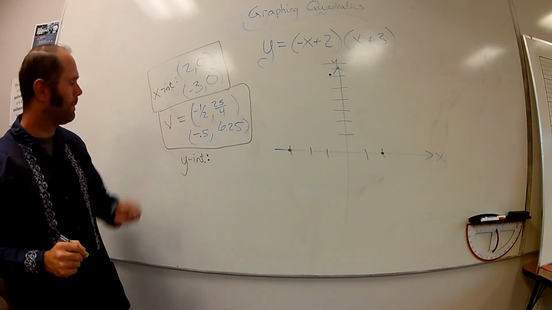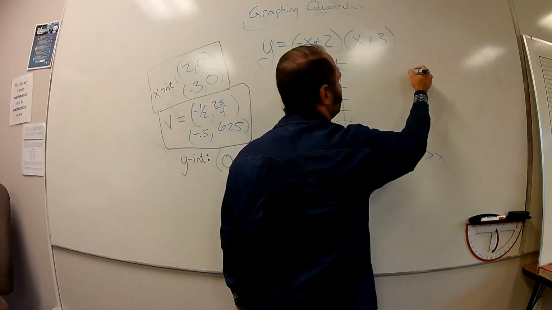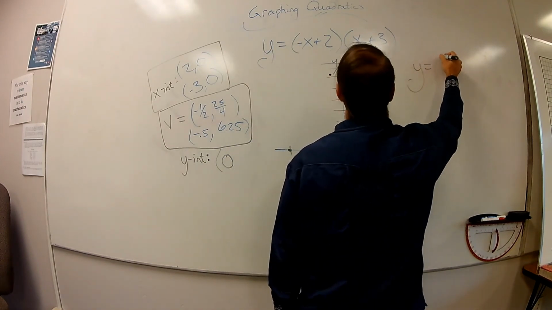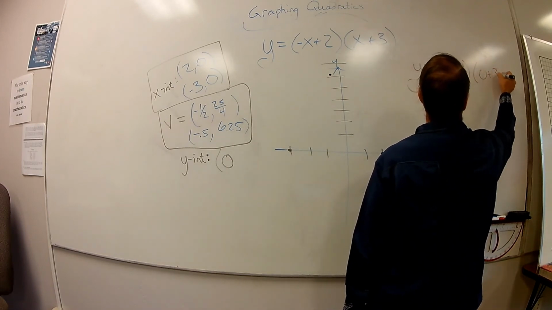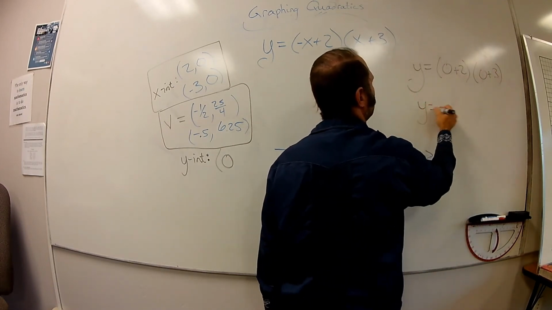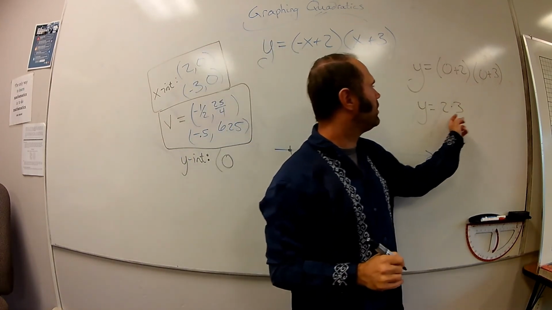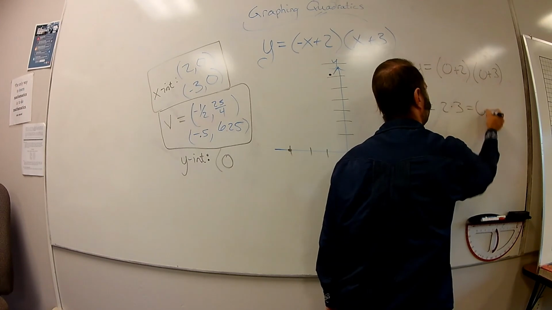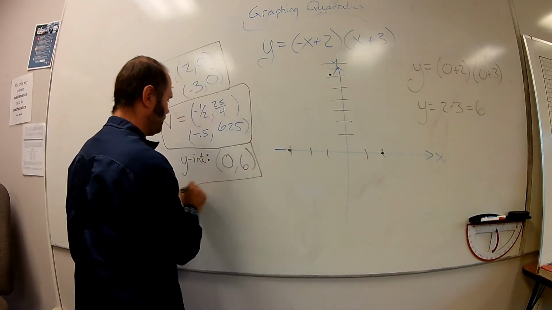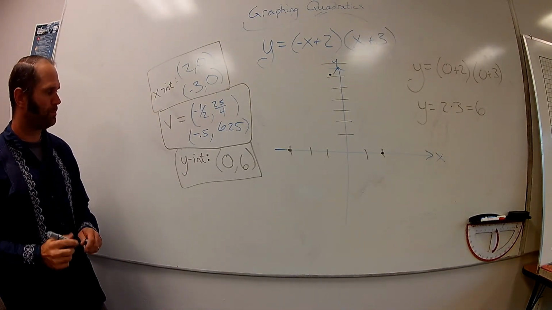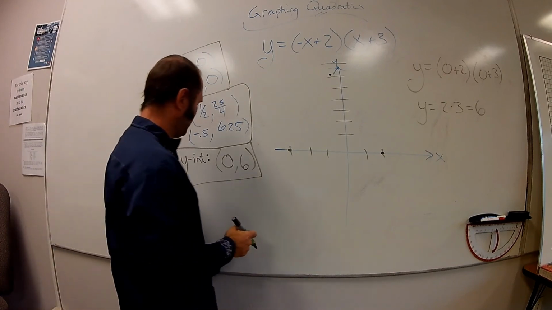Same number though. And our y-intercept is when x is 0. So we can plug 0 in. 0 plus 2 is 2. 0 plus 3 is 3. 2 times 3 is 6. So there's our y-intercept. The y-intercept is 0, 6.